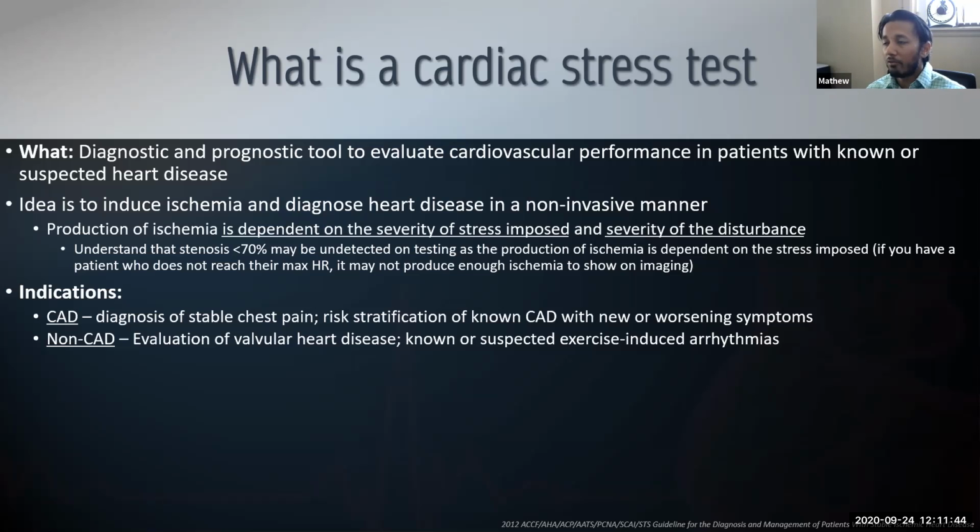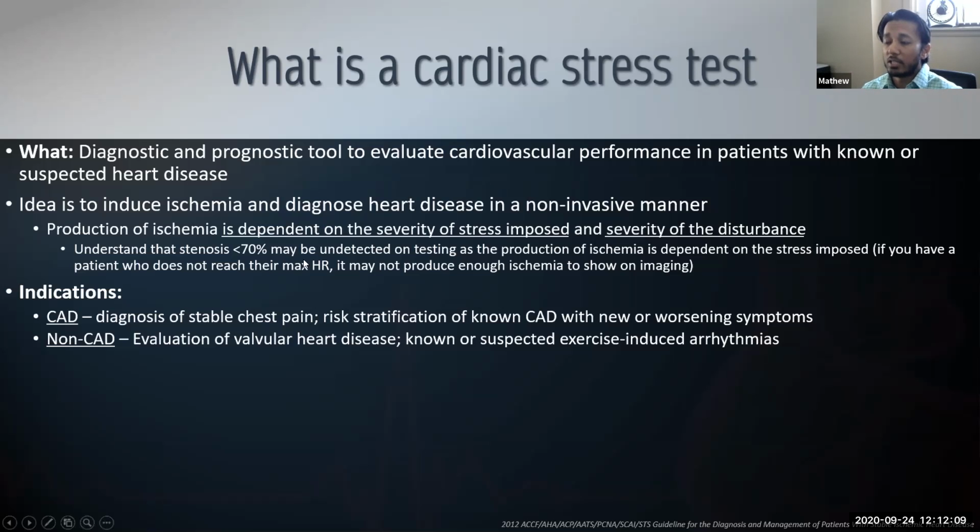But if you have 90% stenosis, maybe in the LAD, and you put them on a treadmill and get the incline up to 80%, and they're going at 6 miles an hour, you're clearly going to have two areas that allow you to increase the sensitivity of that test being positive. You have a high pretest probability because your LAD is so severely stenosed, and you're truly stressing them from a cardiovascular standpoint.